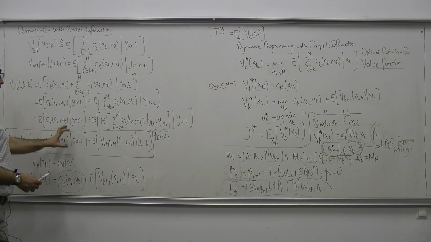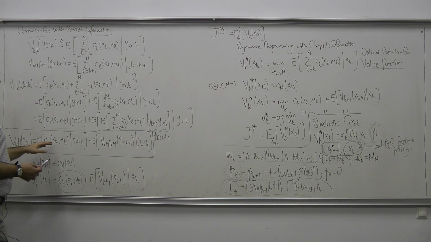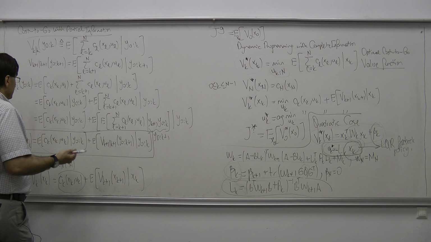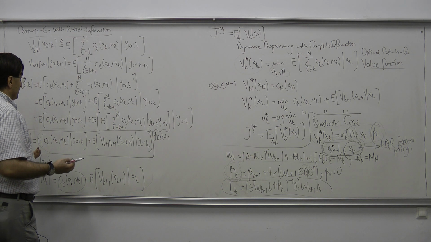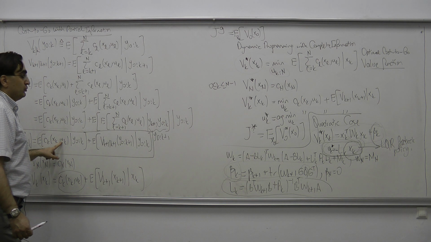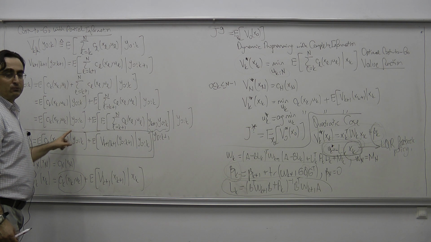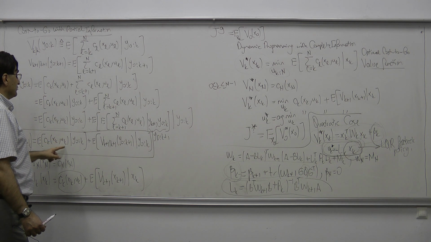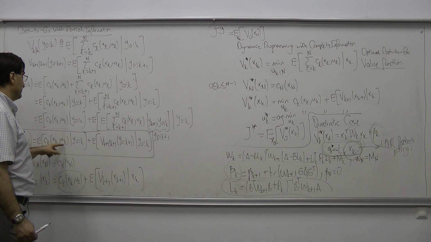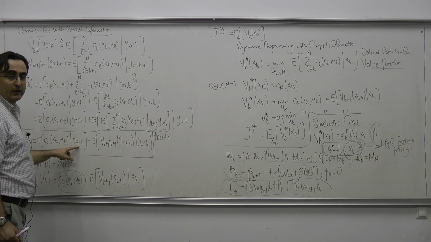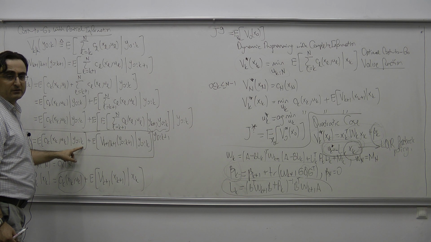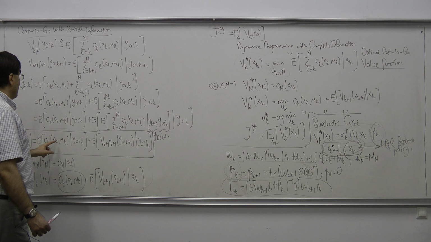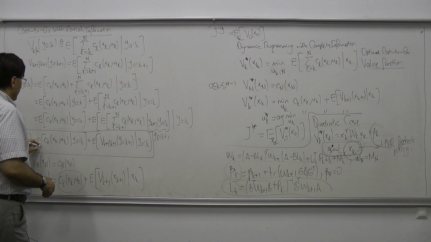Now, what are these expectations with respect to? At the end of the optimal solution of the control problem, this uk is going to be a function of y0k. Okay? So as a result, in the first expectation, this uk is deterministic, because it's only a function of y0k, and y0k is given. The only thing random in the first expectation is xk.